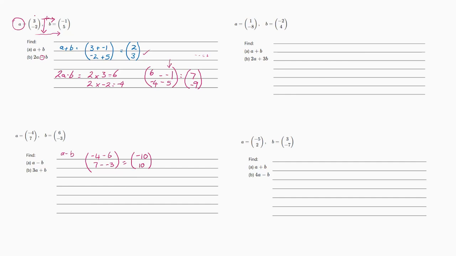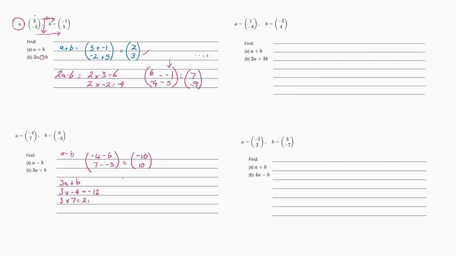Next one, we've got 3A this time, so we're going to need to do a bit of multiplication. So that's our sum. We're going to do 3 times -4, which is -12, and 3 times 7 equals 21.